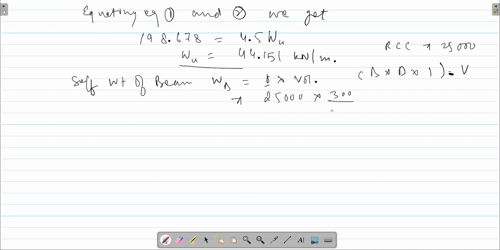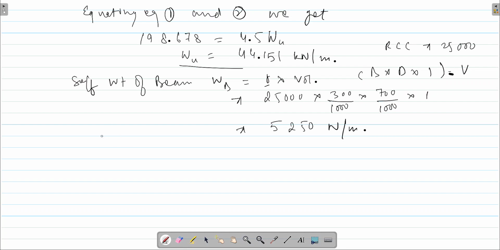The depth of the beam is 300 mm, 300 divided by 1000, because the previous values are in meters, so we are converting it into meter directly from here only. 700 divided by 1000 into 1 into 25,000. So this value comes out to be 5250 Newton per meter.